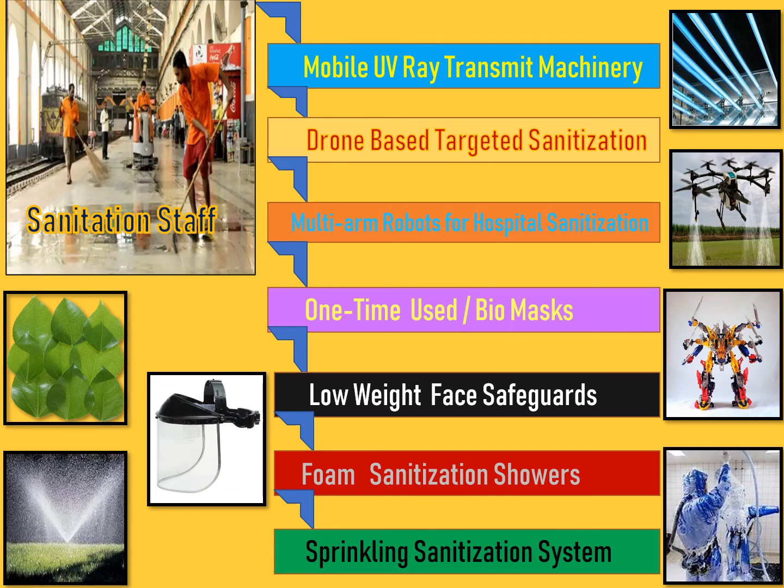Next one is, as we use fountains in parks, we can also have sprinkling sanitization machines placed in crowded areas, and at entry and exit of hospitals. If sensors are attached to these sanitization machines, they can sanitize frequently as per the requirement.